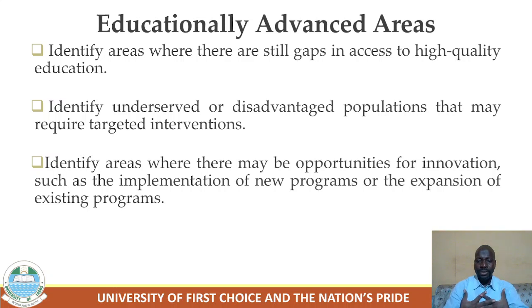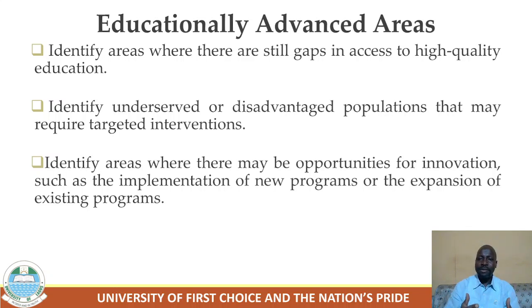If I'm using Lagos State, Nigeria as an example, Lagos State is an educationally advanced state when we compare it with other states of the federation. But in spite of that, we still have some areas in Lagos State where they do not have access to high quality education. It is in Lagos State that we have Lagos Island, where we have the highly paying schools.